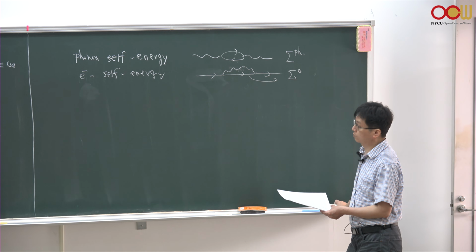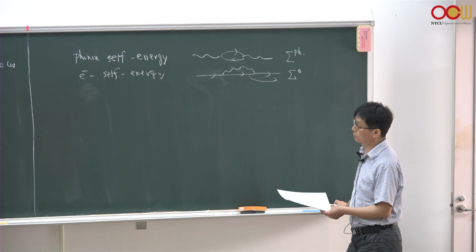So you could consider this D inverse or G inverse. Both sigma electron and sigma phonon contain both real and imaginary parts. Especially, the imaginary part of the self-energy in general does not vanish. As I mentioned previously, the imaginary part of the self-energy represents some kind of dissipation or decay in time in this correlation function.